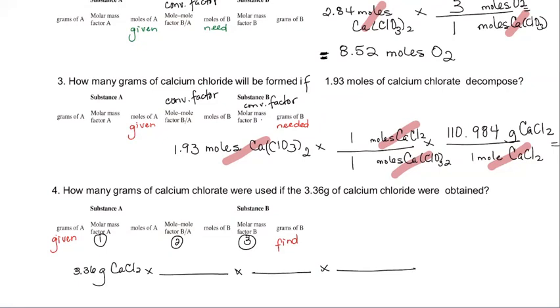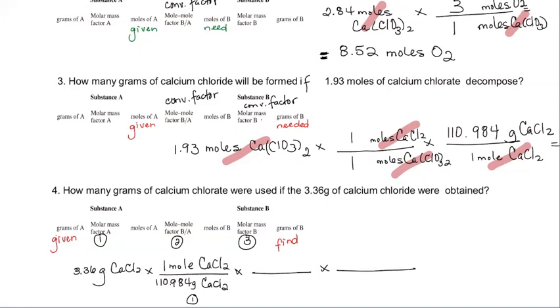In the first one, I'm going to do the molar mass of that first compound, which is calcium chloride. And we already determined the molar mass of calcium chloride in the previous example. So we're going to do 110.984 grams for CaCl2. And then we're going to do 1 mole of CaCl2 on top.